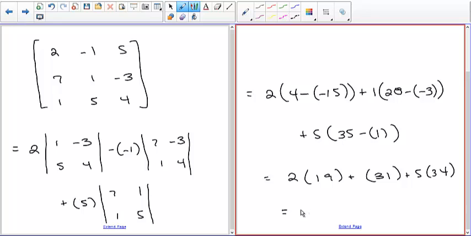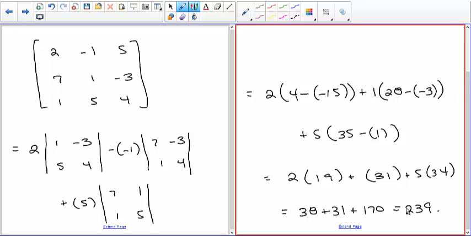And so we'll get 38 plus 31 plus 5 times 34, which is 170. I guess I could do that in my head. It's 69 plus 170, so that's 239. 38 plus 31 plus 170, 239.